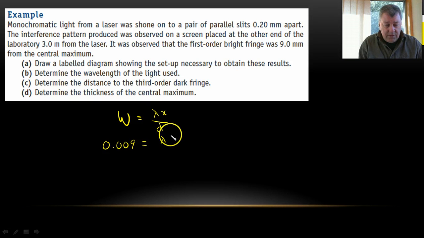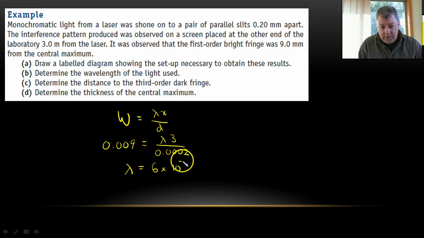Wavelength is our unknown. X is 3 meters, and our slit distance is 0.0002. If we rearrange that and solve it, we get 6 times 10 to the minus 7 meters, and that's good enough an answer.